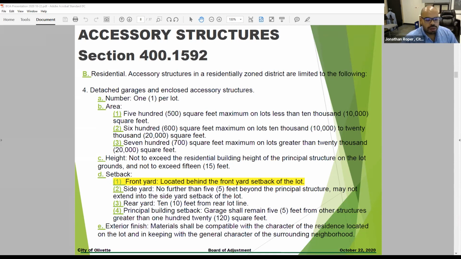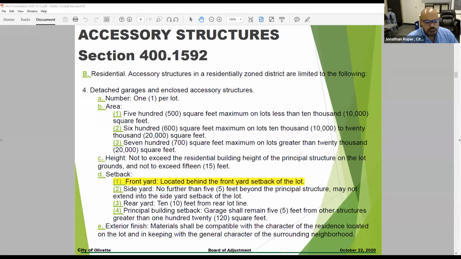So with that said, we classify accessory structures that are either detached garages or enclosed accessory structures when they're larger than 120 square feet. They are considered under B4 of section 400.1592, accessory structures, of chapter 400.